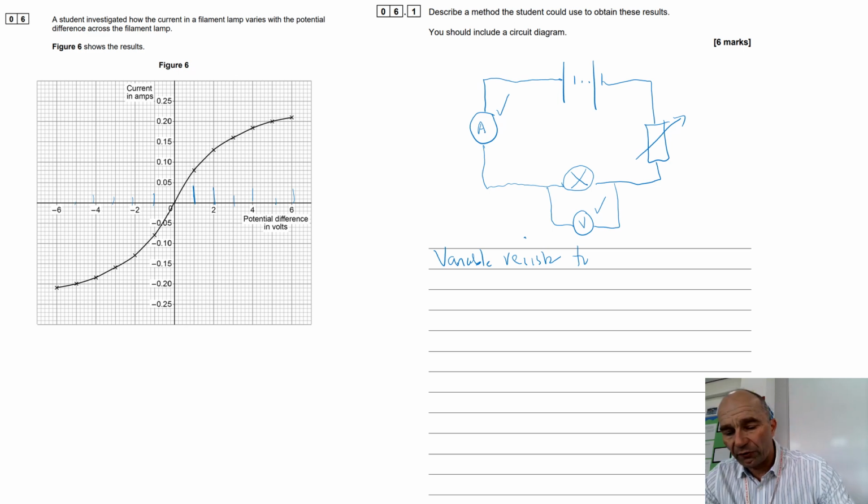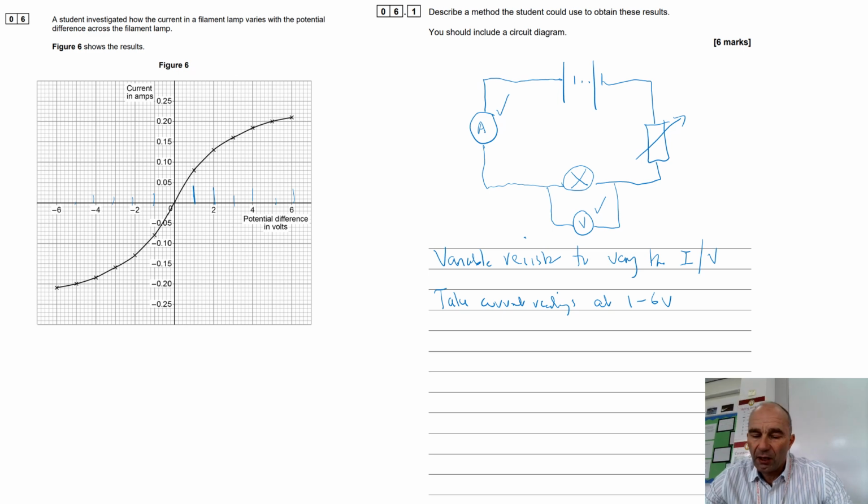So we use a variable resistor to vary the current and the potential difference in our circuit. We take current readings at 1 to 6 volts in 1 volt increments.